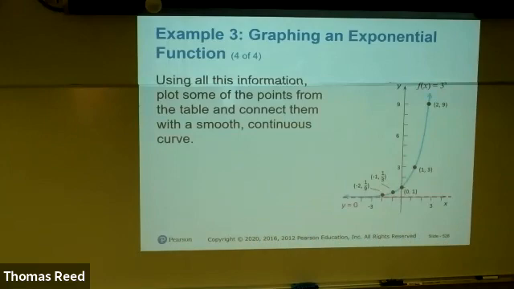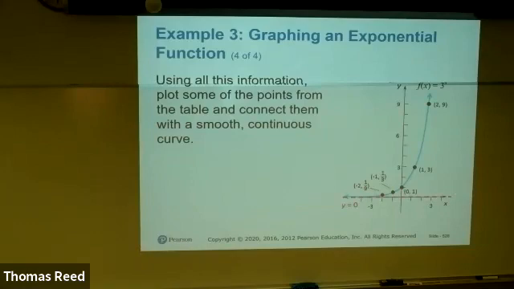Using this information, plotting some points in a table and connecting with a smooth and continuous curve, this is what the graph of 3 to the x looks like. All right, here they have the horizontal asymptote. They go ahead and continue it in both directions. All the y values are above 0, and all the x values are the real numbers.